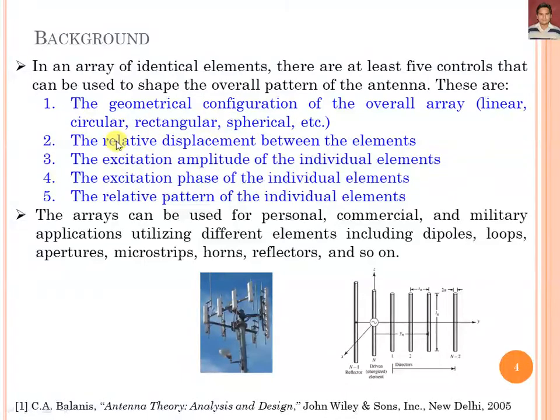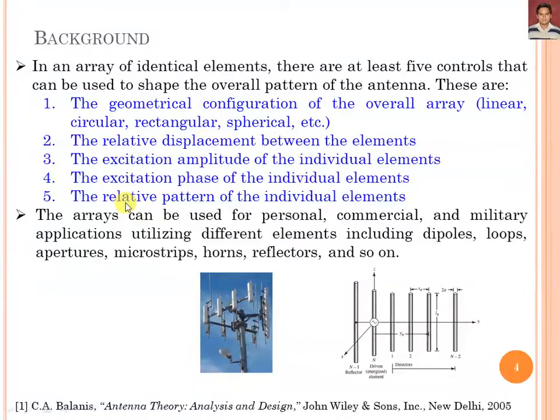First is the geometrical configuration of the overall array, I mean linear, circular, rectangular, spherical, etc. Second, the relative displacement between the elements. Third, the excitation amplitude of the individual elements. Fourth is the excitation phase of the individual elements, and fifth is the relative pattern of the individual elements.